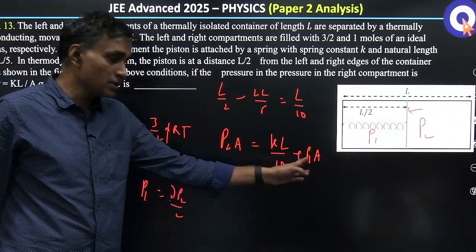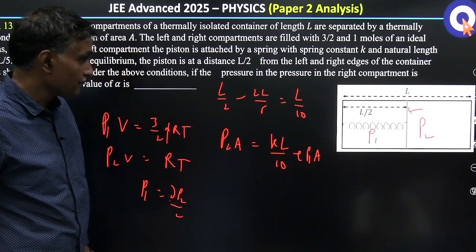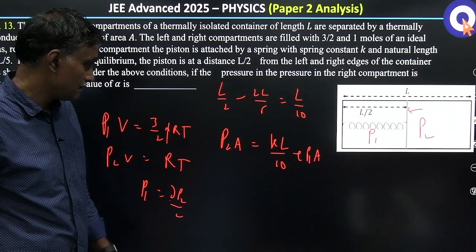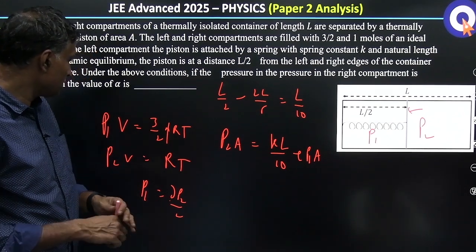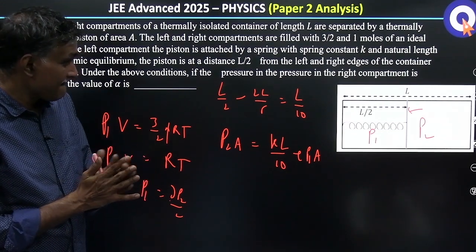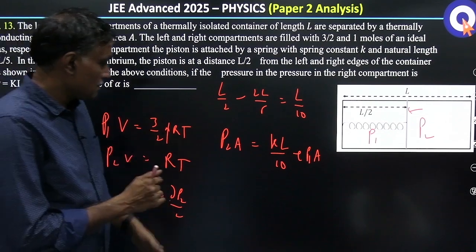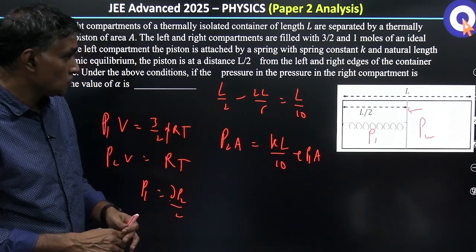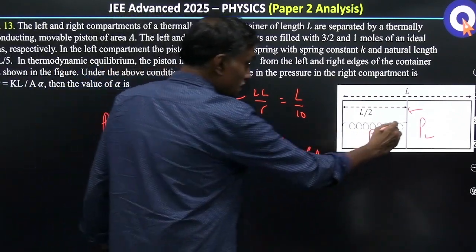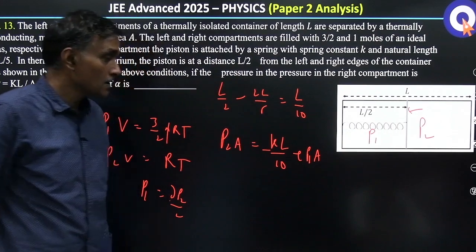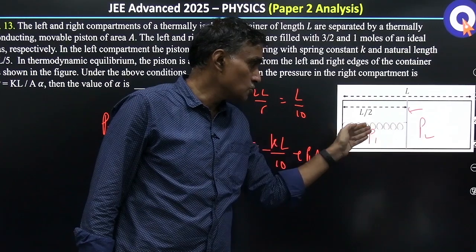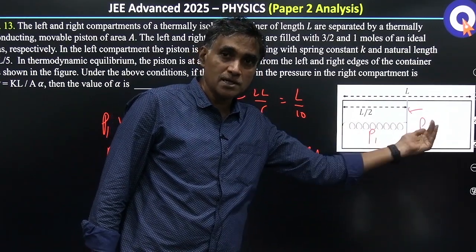So in place of P1, put 3 P2 by 2 here. This force is P2 into A, due to the pressure in this chamber, and the force is towards the right, while the spring force is towards the left.